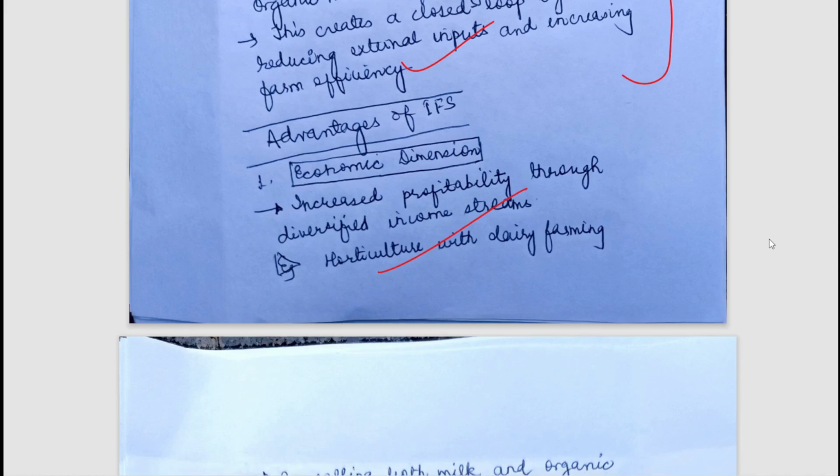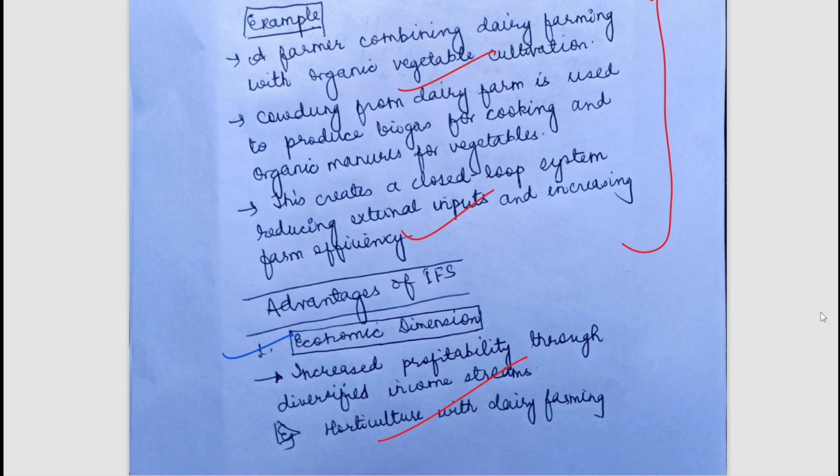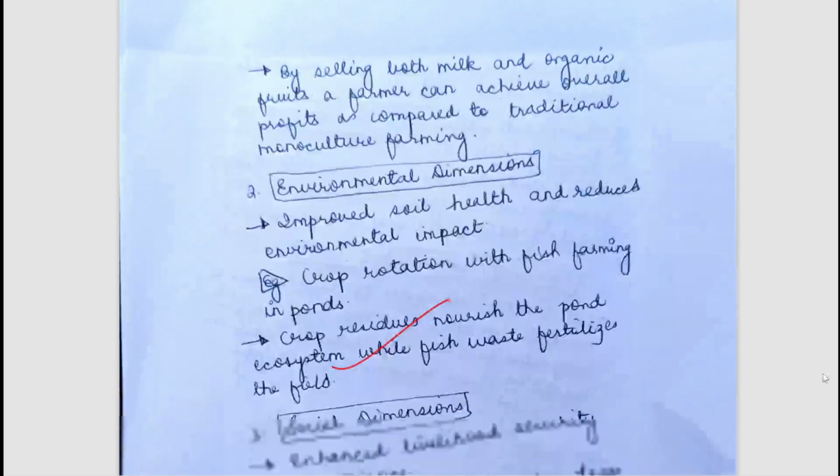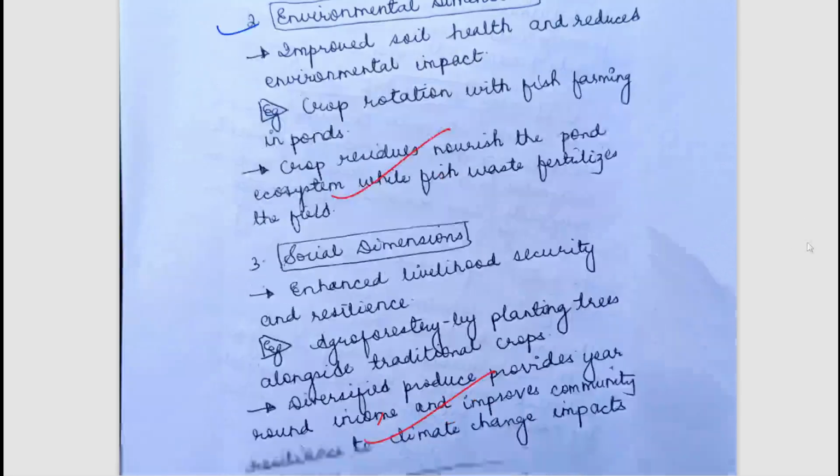What are its advantages? Obviously, economic dimensions. It will give more income to the farmers, because we have diversified enterprises, so more income will be generated. Secondly, risk will be reduced. On the environmental dimension, it will be less damaging to the environment and more sustainable.